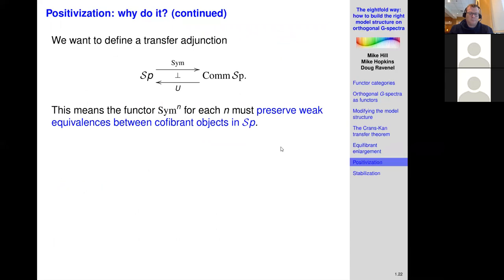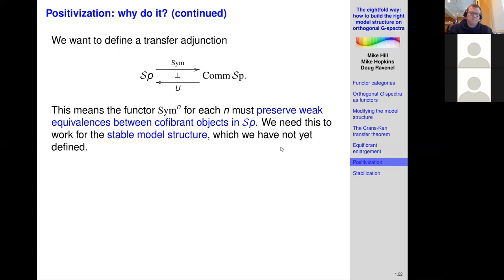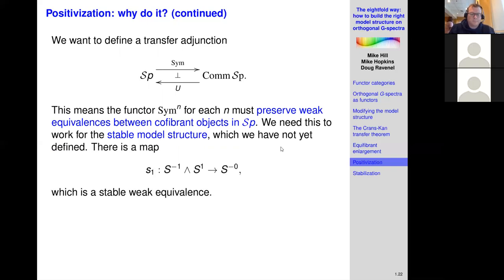So we need this. One of the things we want to happen is that the nth symmetric product functor has to preserve weak equivalences between cofibrant objects. That's one of the properties it's supposed to have. Now, I have not yet defined the stable model structure, but I'm going to give you a little hint at it.